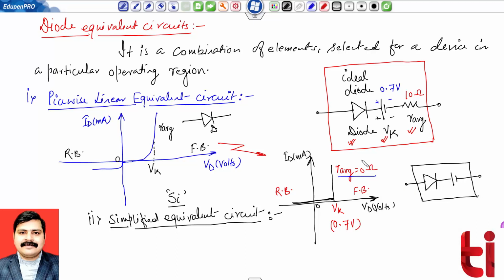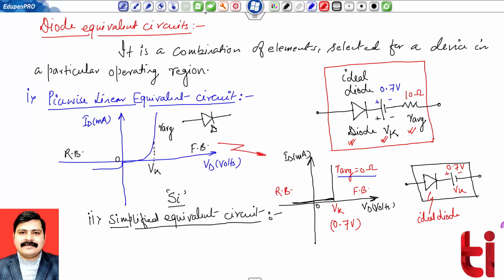So this is my ideal diode, Vk considering the same example, so 0.7 volt, and this is my simplified equivalent circuit.